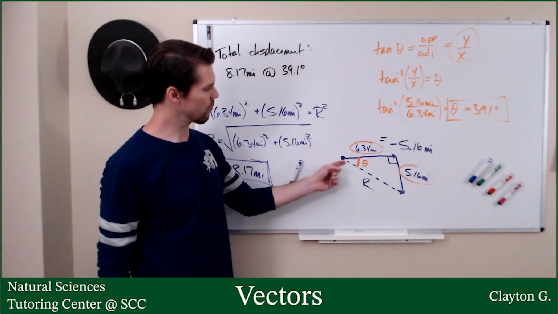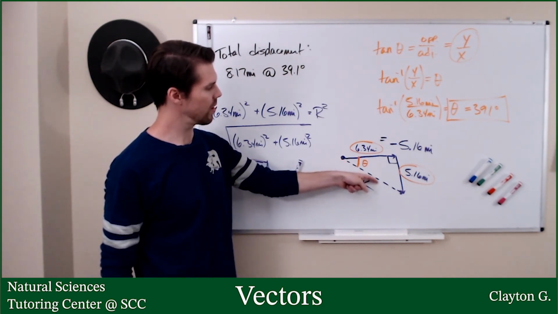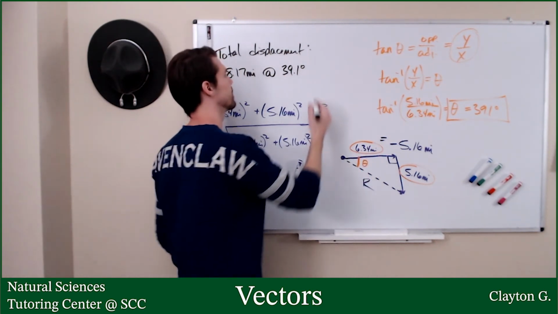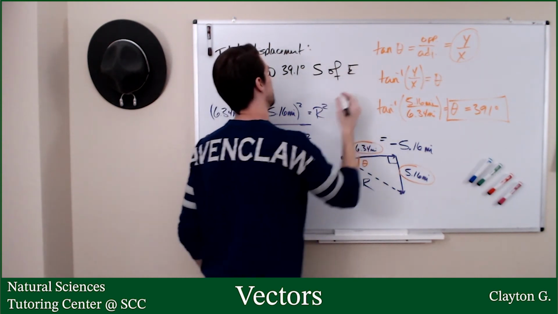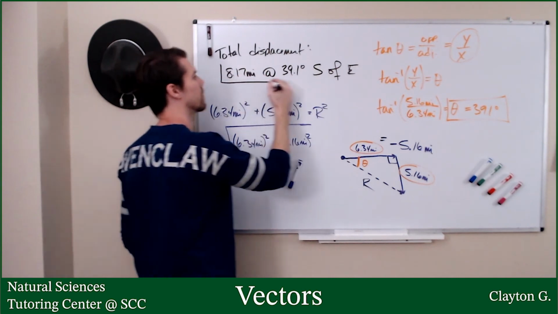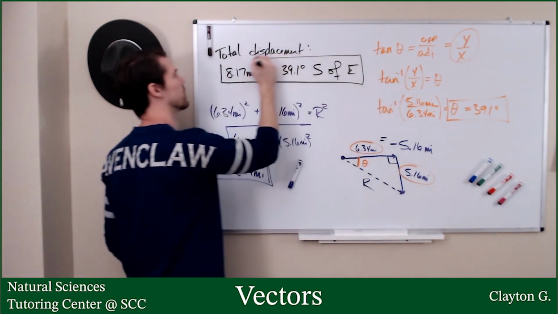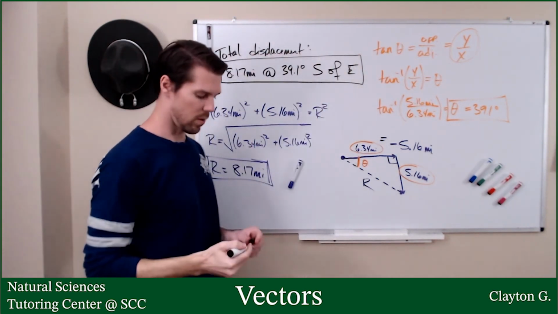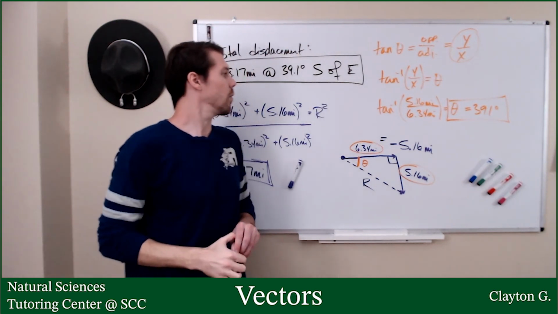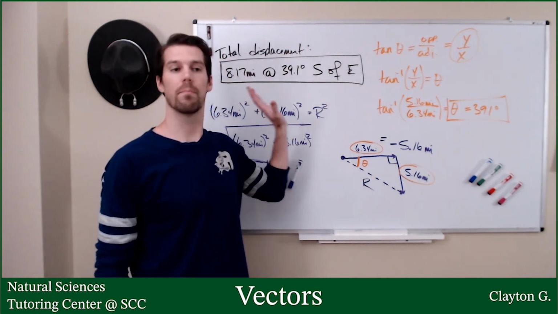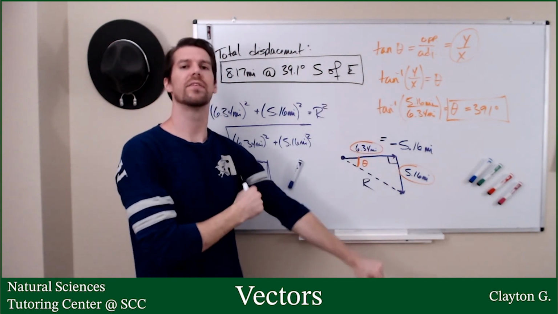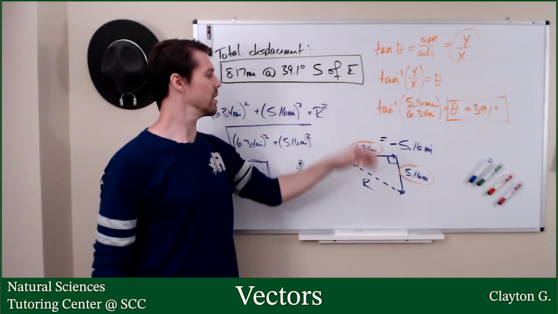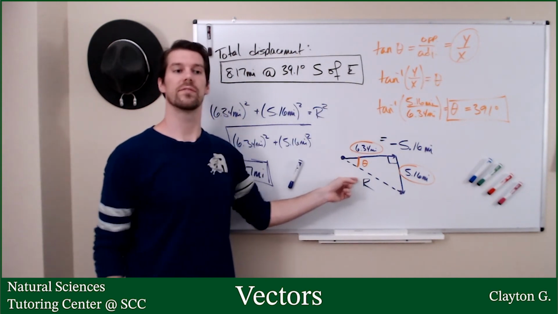Check my little triangle real quick. This is south of east. S of E. There we have it. Problem solved. Okay, so that is how you can add a bunch of common vectors that you're going to see in any physics class. That is how you add them all together to get one resultant vector.